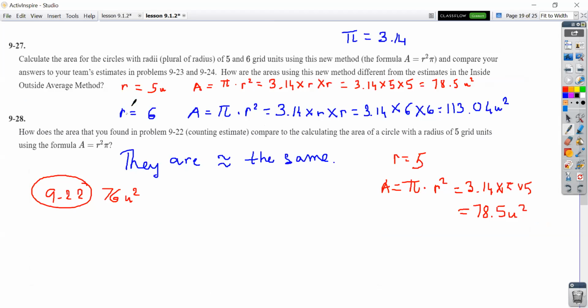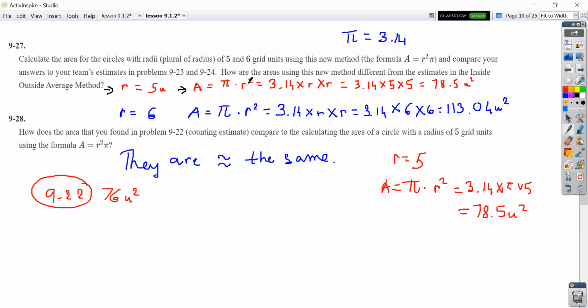Question 9-27. Calculate the area of the circles with radii, plural of radius, of 5 and 6 units. Use the formula A equals radius squared times pi. All right, first circle, radius is 5 units.